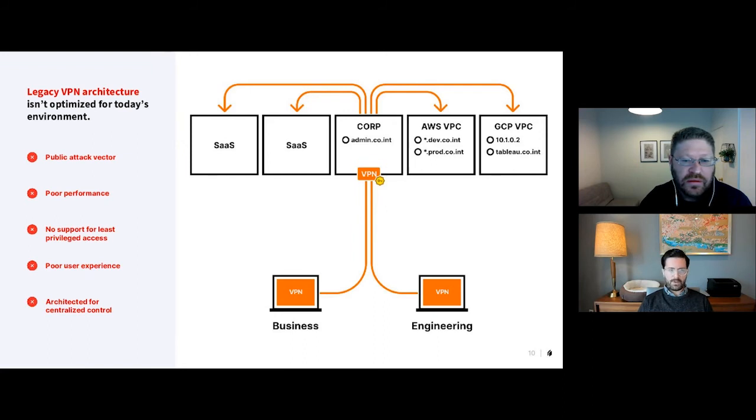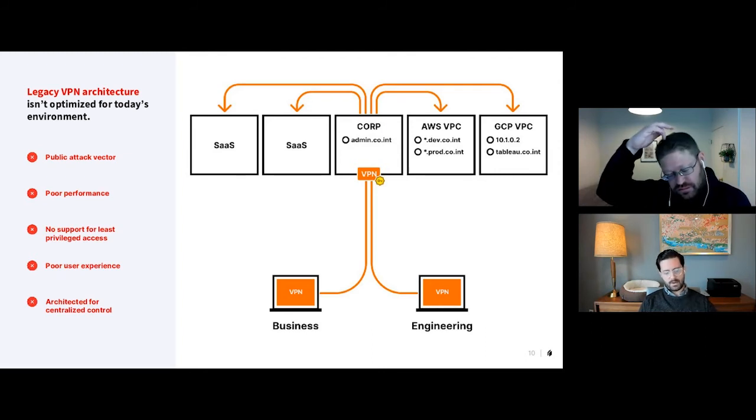And as you may or may not be aware, it's actually pretty easy, especially with IPv4, to scan within 10 or 15 minutes every single IP address on the internet, every single port, and then look for VPN gateways. And what attackers do is that they look for VPN gateways, and then they test known vulnerabilities on those VPN gateways to see if they can gain entry and access.